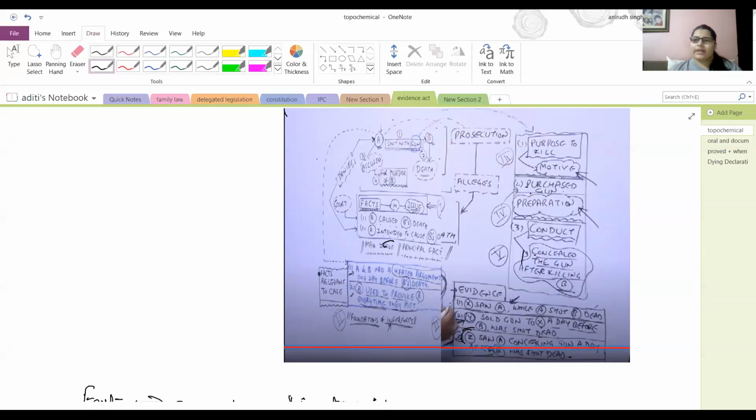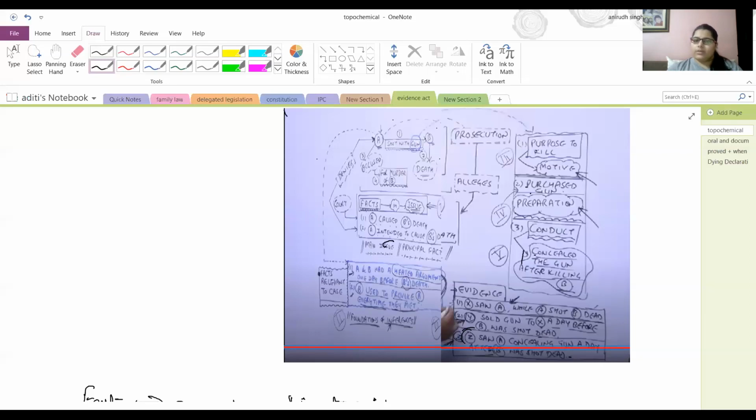These are factors that are relevant to the case, but we are not arguing upon them. The principal issues in the present case are that the prosecution is contending that A has murdered B, and secondly, that A had the intention of killing B.